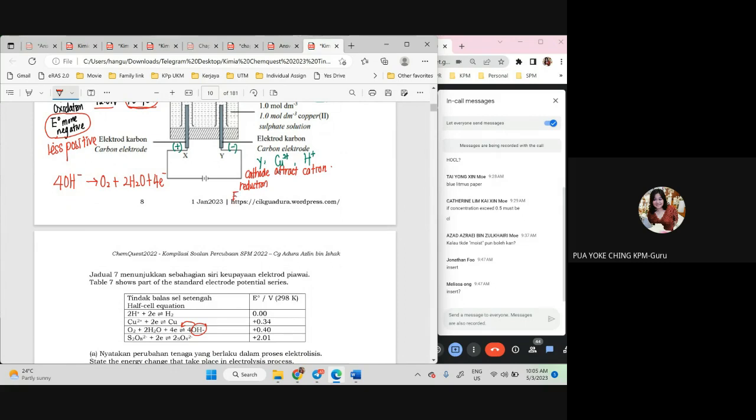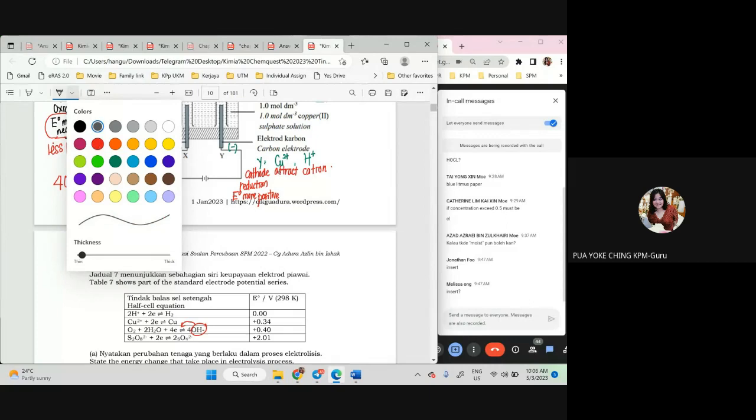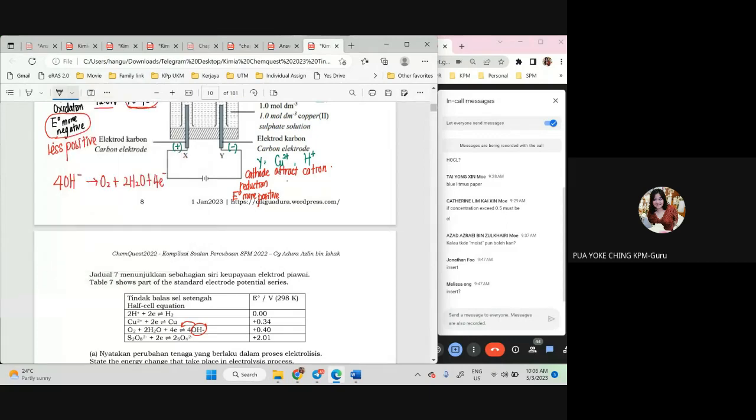Cathode mesti E0 more positive. So, tengok you punya E0 untuk Cu2 plus dan H plus. Cu2 plus adalah positif 0.34 volt. H plus adalah 0.00 volt. So, siapa lebih positif? Cu2 plus.